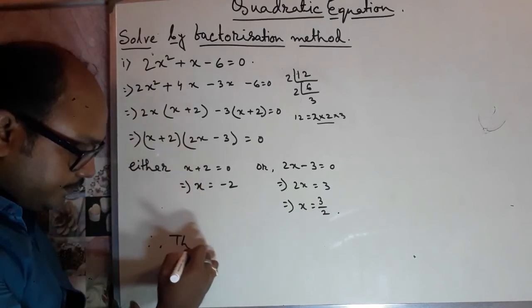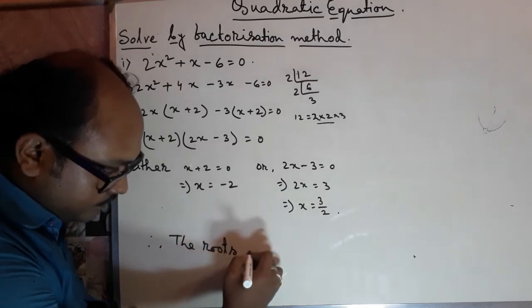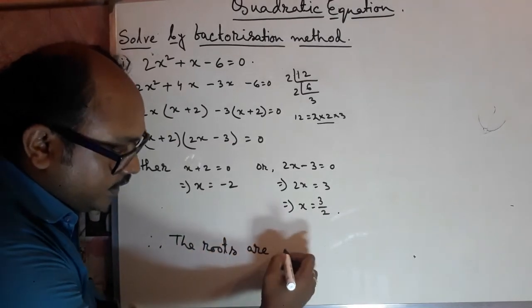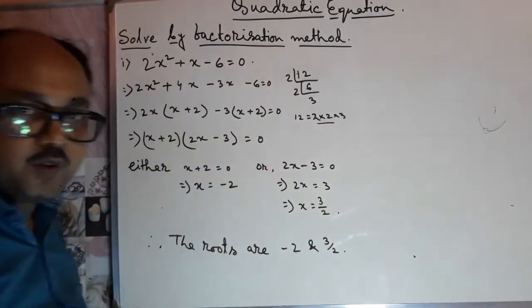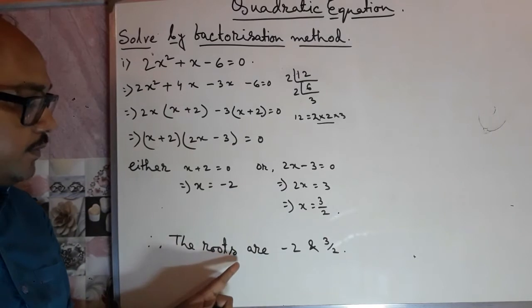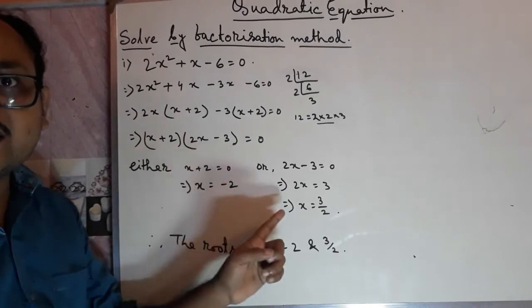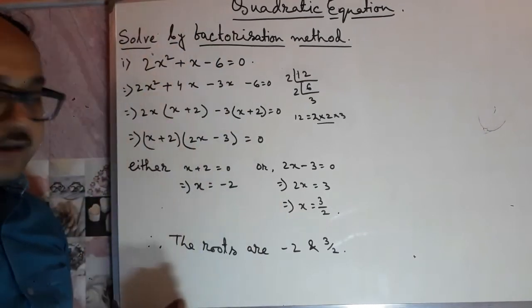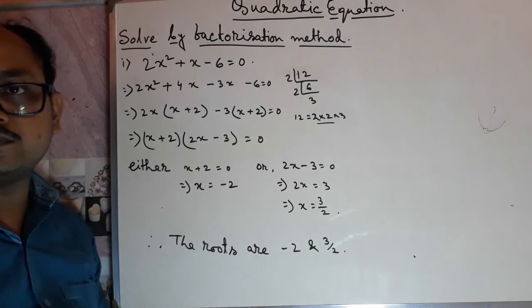Therefore the roots are −2 and 3/2. So you solved and got the roots, that is, the values of x for which the equation is satisfied: −2 and 3/2.